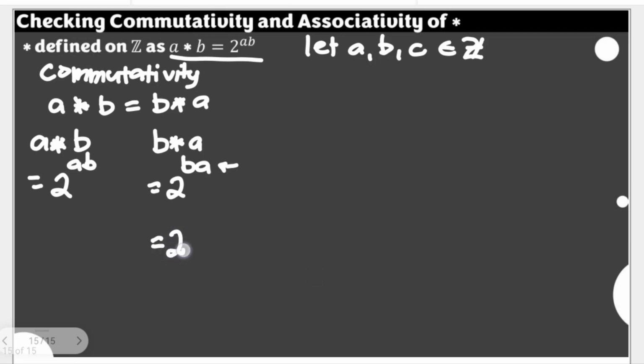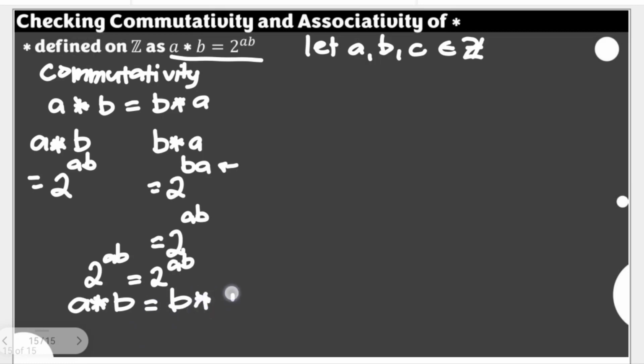So you have 2 to the power of ab here. This means we have the same result for the left hand side and the right hand side. The left hand side is a star b, and it's equal to b star a. For this given operation, star is commutative.